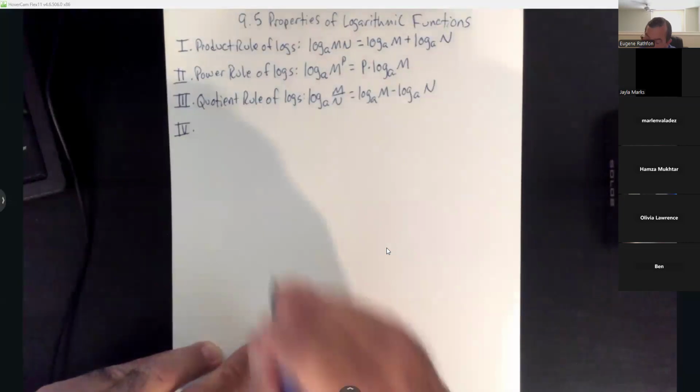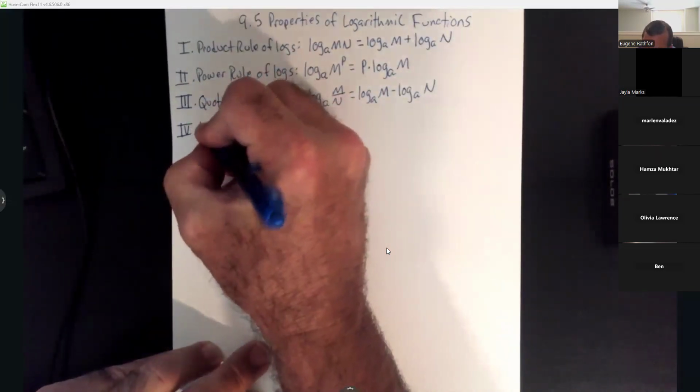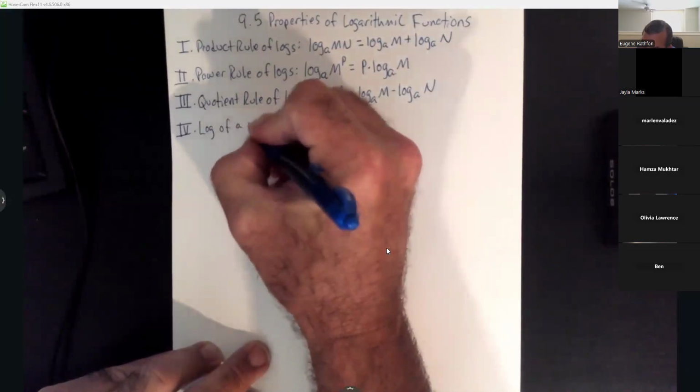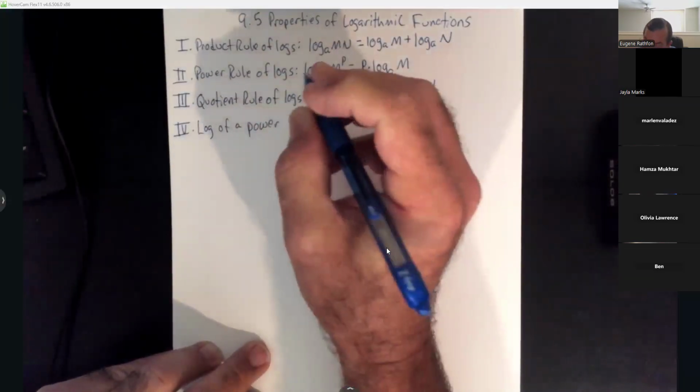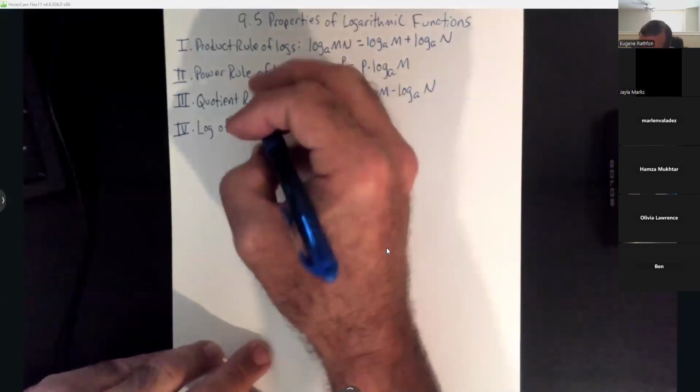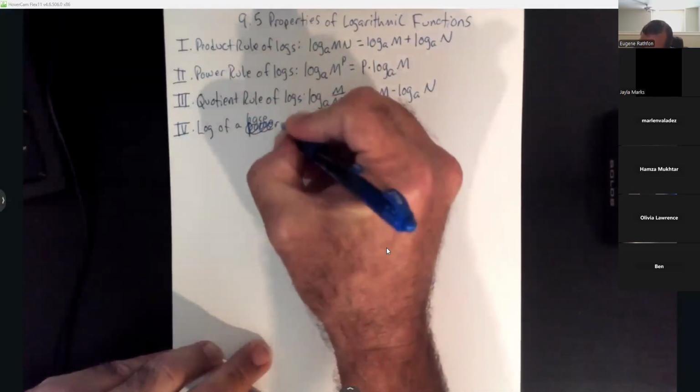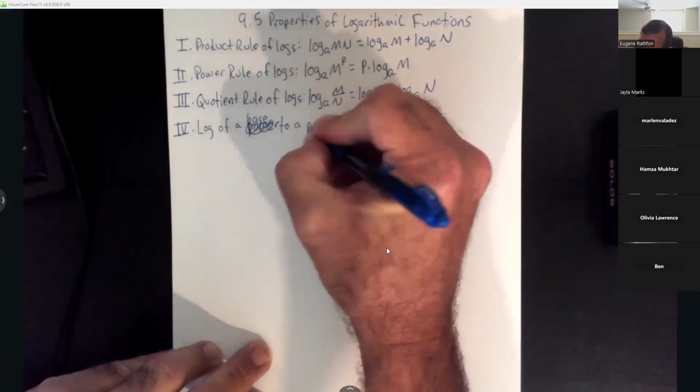Now, the fourth one we seen yesterday, this is the log of a base to a power.